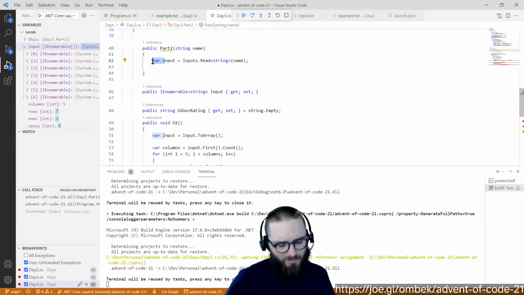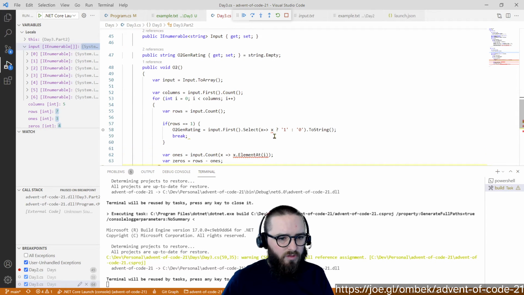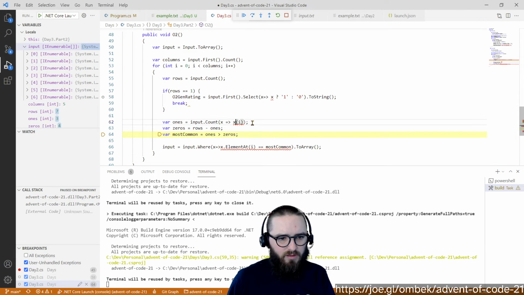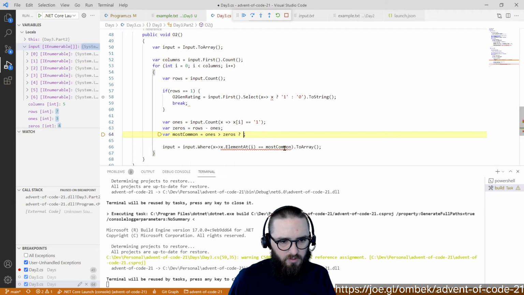Well, yeah, that simplifies that as well. Anywhere I'm doing an element at, I can now just replace it with that, and I just say equals 1. It's a bit messier once you're down here, but 1, otherwise 0.